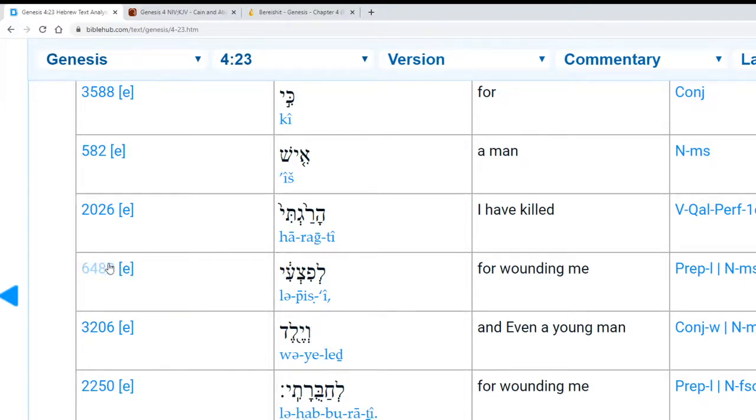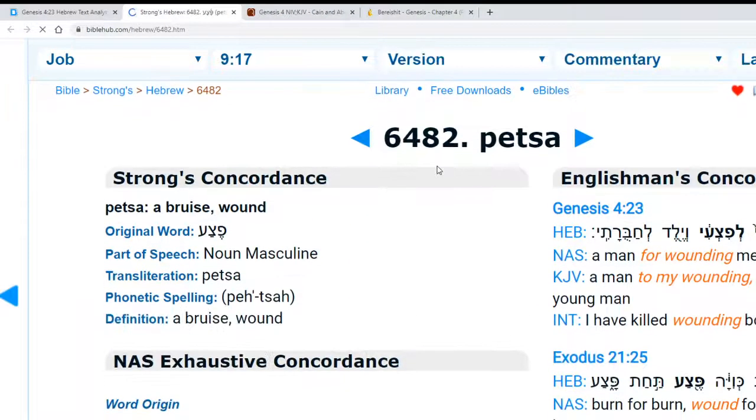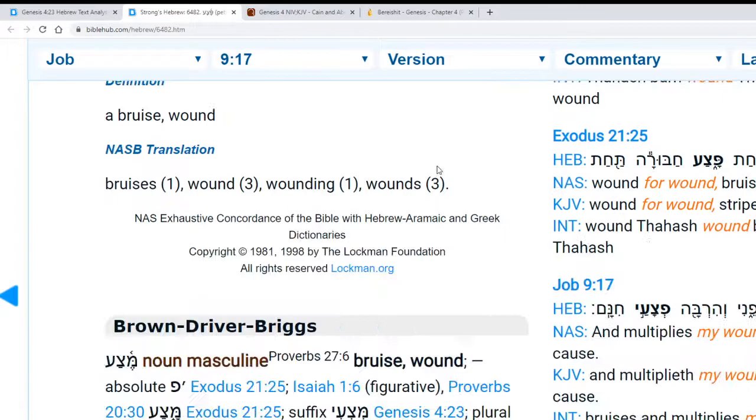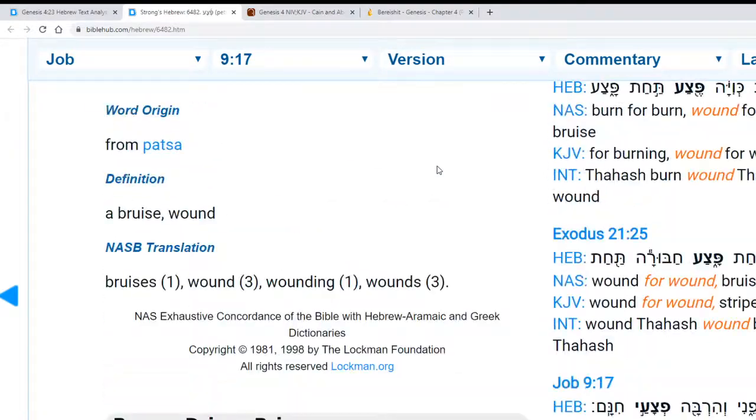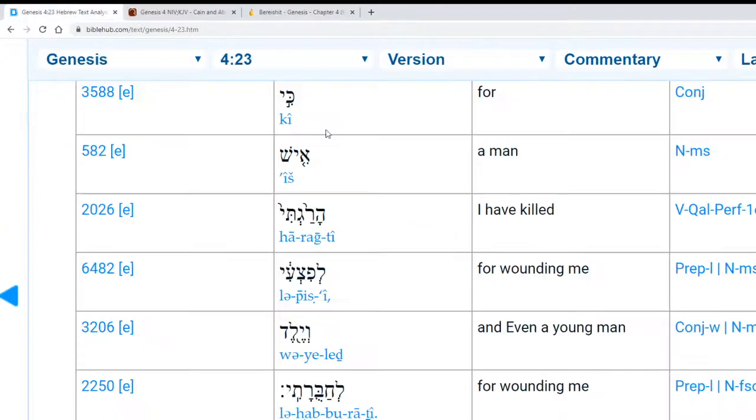So Pe Tzadik Ayin, they are translating a bruise or a wound, and it's used 8 times in the Bible. You can use your concordance. Lepitzi, because of my pitz, right? So the wounding. Lepitzi, vayeled lechaburati.